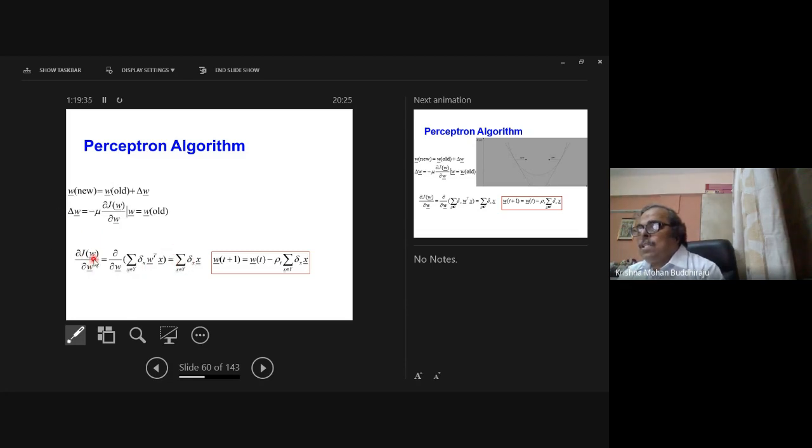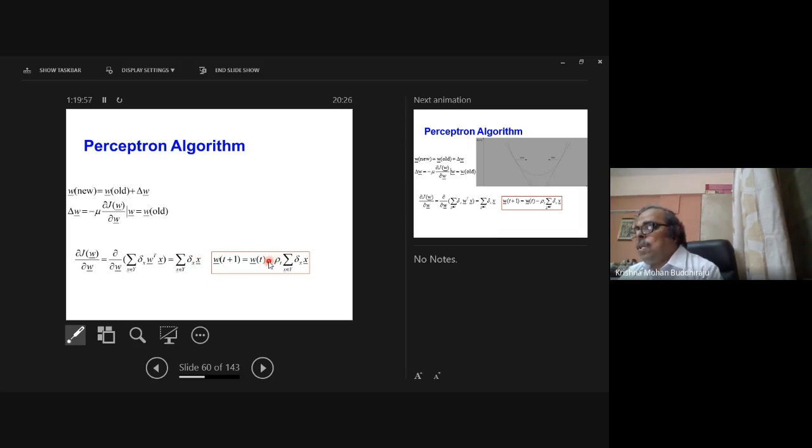This is the error differentiated with respect to the unknown weight W. You want to go in the direction opposite to the gradient, because the derivative represents the gradient.